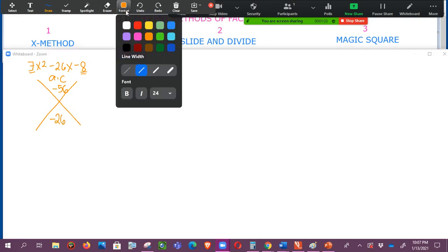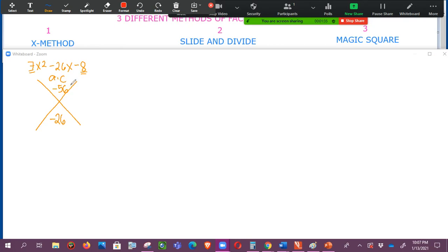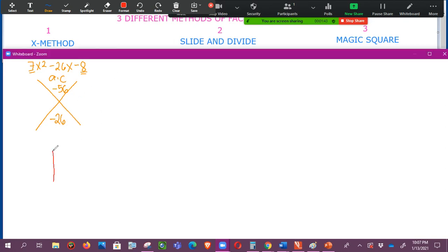Now, you need to think of numbers that are factors of negative 56 and make a sum of negative 26. What are those numbers? So let me think of 7 and 8.